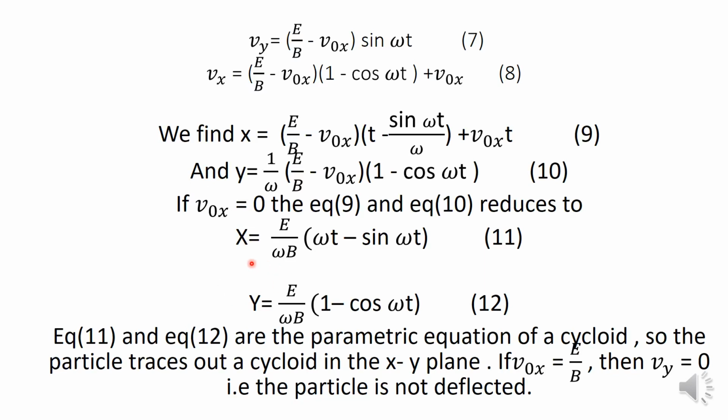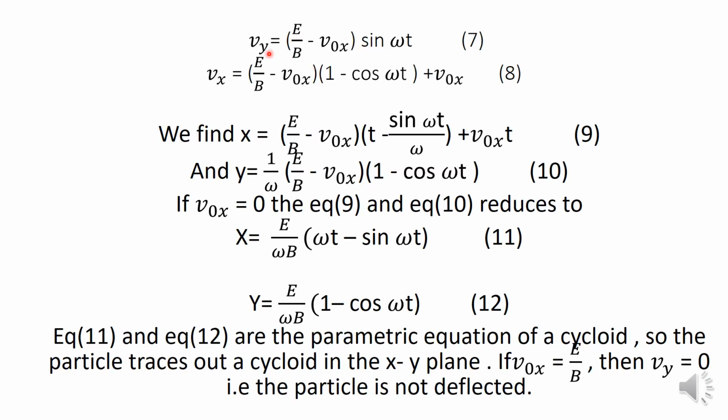Again, if we adjust the initial velocity v0x = E/B, that is the numerical value of the ratio of the magnitudes of the electric field and magnetic field, then vy = 0. That is, E/B = v0x, then vy = 0 and the particle is not deflected.